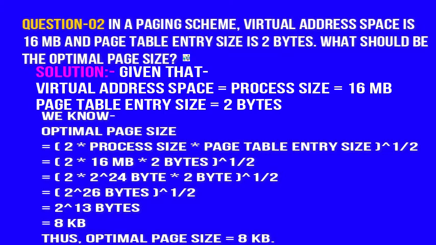It means 2 to the power 26 byte, because 24 plus 1 plus 1 is 26, all over power 1 by 2. So it is 2 to the power 13 byte, which means 8 kilobyte, because 1 kilobyte is 2 to the power 10. So the final answer is 8 kilobyte.